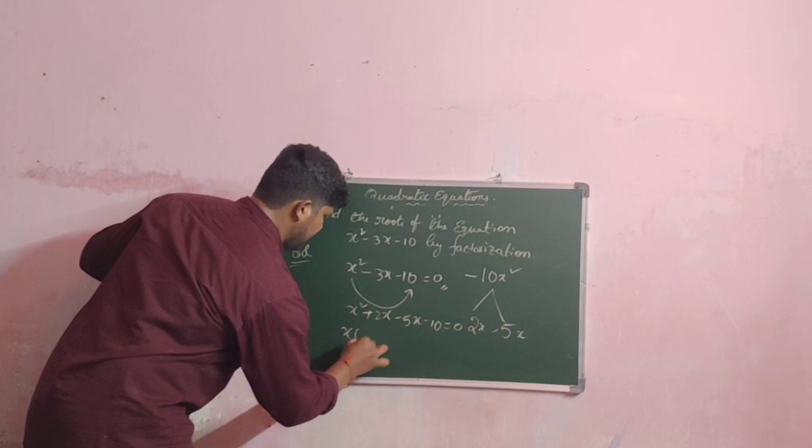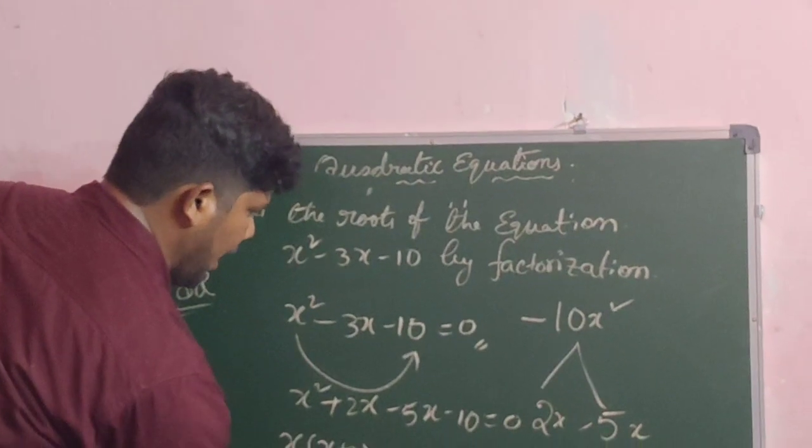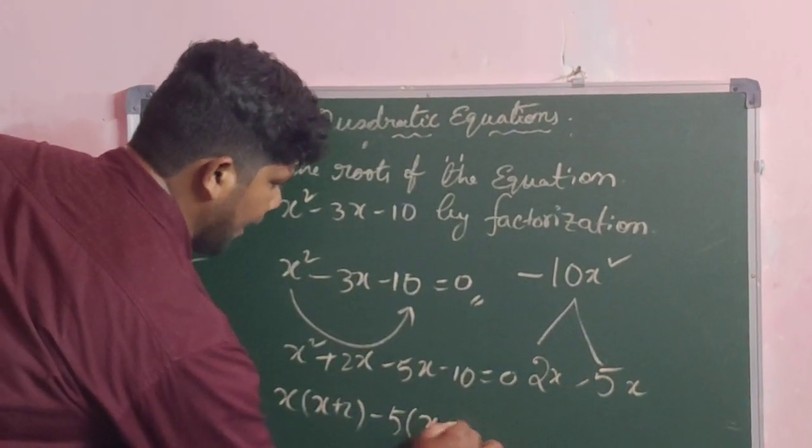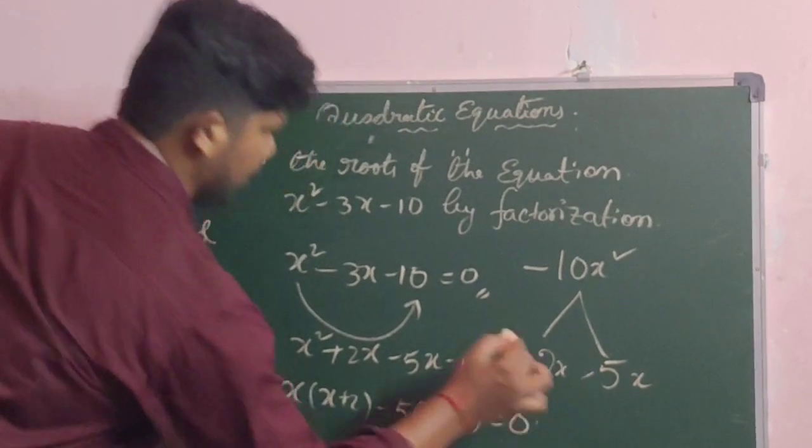Taking x common, x plus 2, and taking minus 5 common, x plus 2.